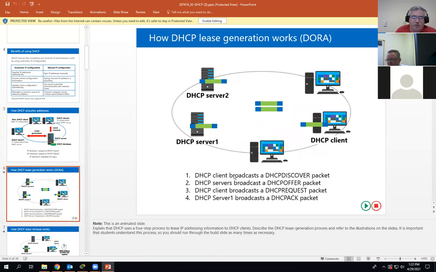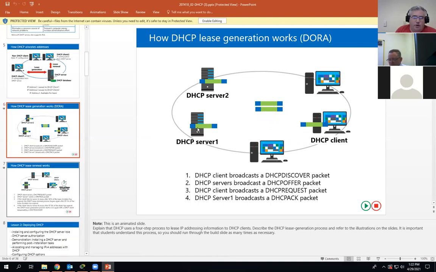Here are the different packets. You get a DHCP discover packet, which is your broadcast, and then the server broadcasts back a DHCP offer, and then finally the DHCP client says, yep, that's fine, and sends a request back to it. Then the DHCP server acknowledges with an ACK packet saying, yep, we're set up.